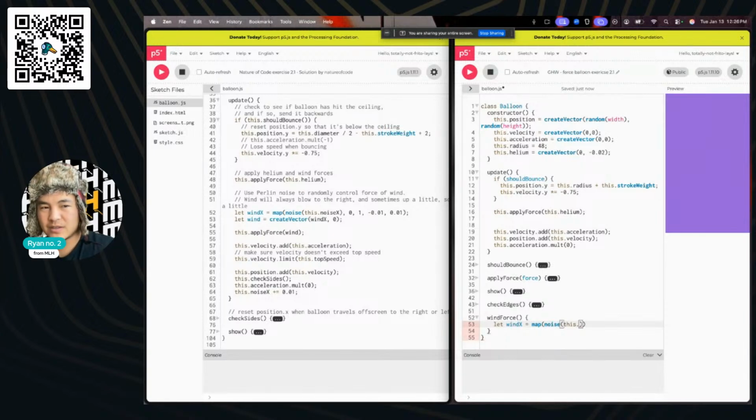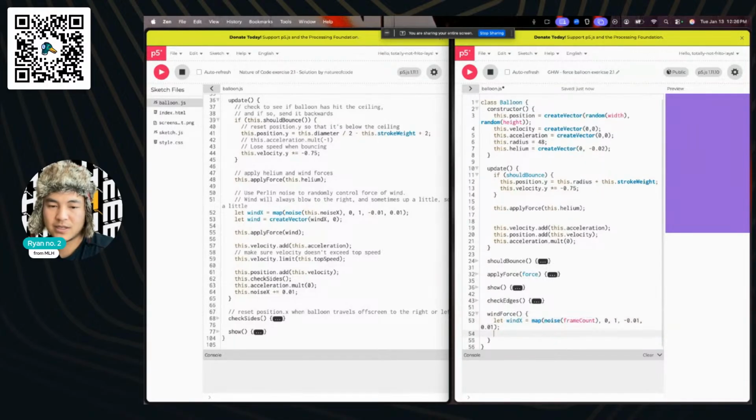This dot noise.x. Instead of doing this dot noise.x, I'm just going to do what we did before, which was frame count. And then we'll keep the values that he had listed over here, which is 0 to 1, because noise is between 0 and 1. And then we're remapping it to that.